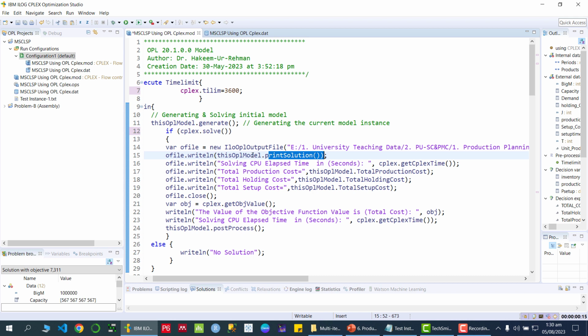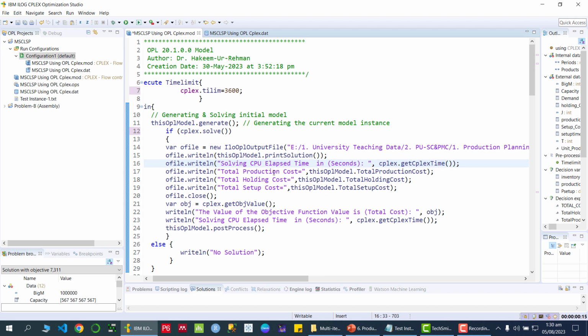What kind of things do we want to print? The entire solution, plus I also want to see how much time CPLEX has taken to solve this problem. So that's why I'm mentioning cplex.getCplexTime.